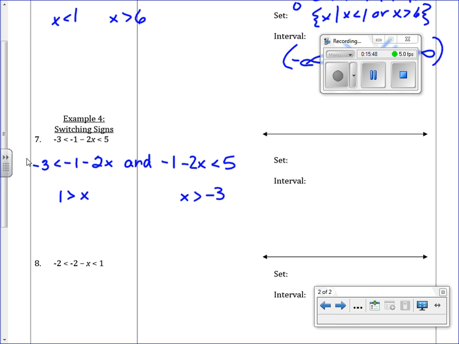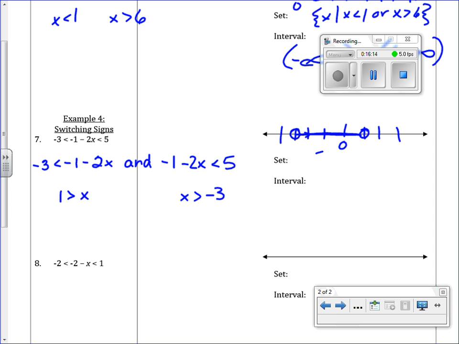Again, double check my math. So if I go ahead and write this up, I have my 0, 1, 2, 3, 1, 2, 3, 4, greater than negative 3, so I'd go that way. x less than 1, so I color this in.